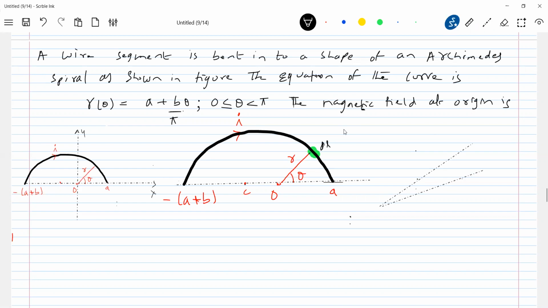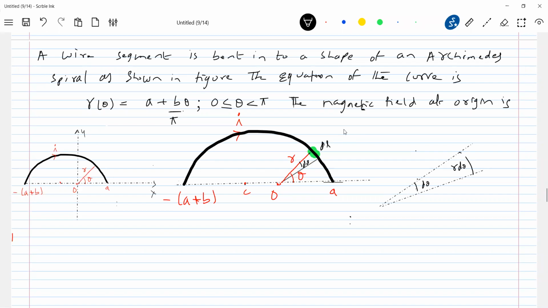This should be the arc length. If this is theta, this will be r d theta. This will be d theta. Is it okay?